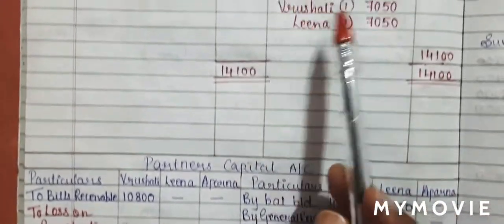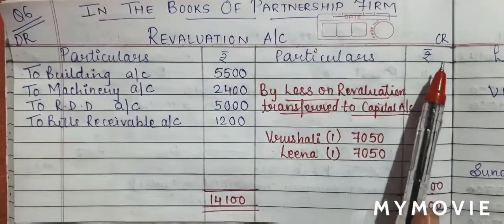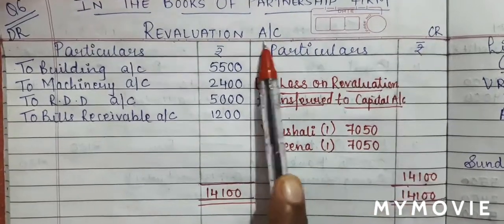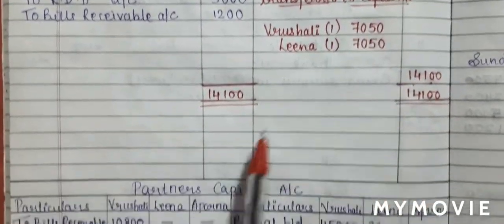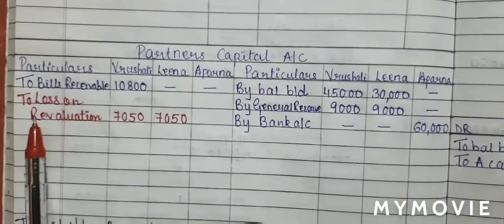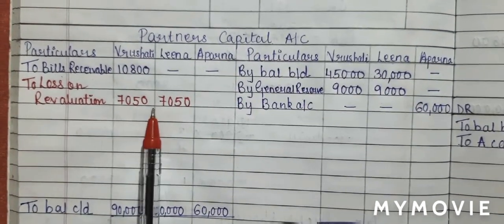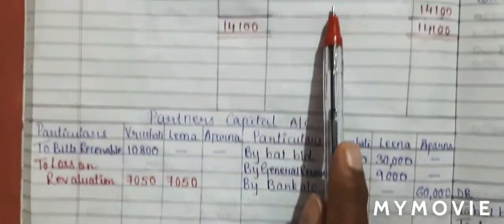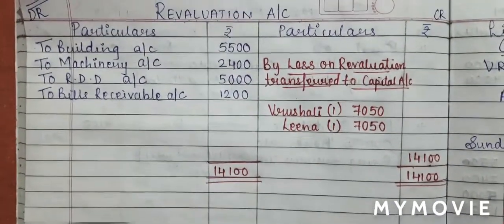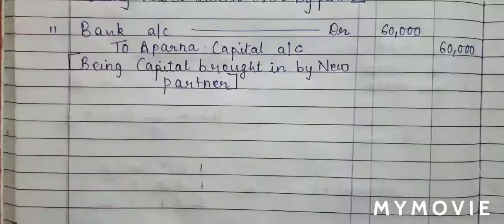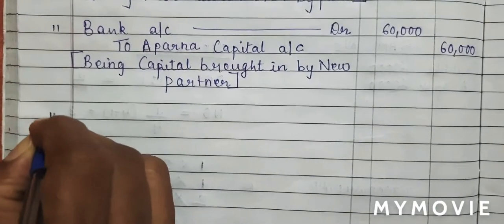If you look at the entry, revaluation account is credit. If revaluation account is credit, who is debit? Partner account is debit. So let's write the entry partner account debit to revaluation account. Let's put this in our journal. So the date will be same.